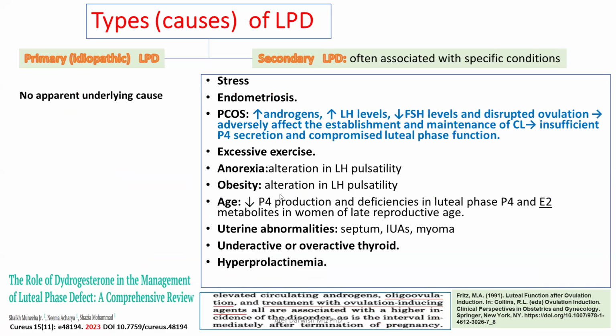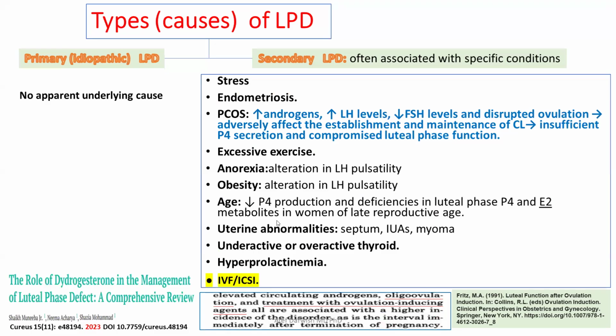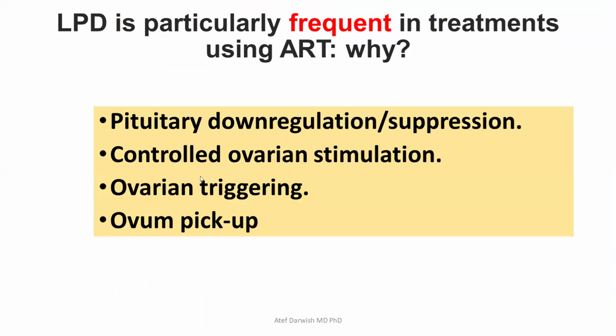What is important is the prevalence of luteal phase defect. There is a high prevalence of luteal phase defect among patients subjected to IVF and ICSI, so it's frequently seen in IVF. If you have a patient with IVF or ICSI, you should expect that this patient will have luteal phase defect.